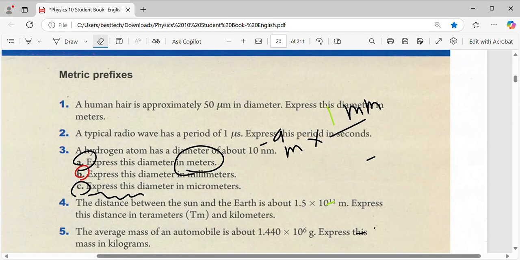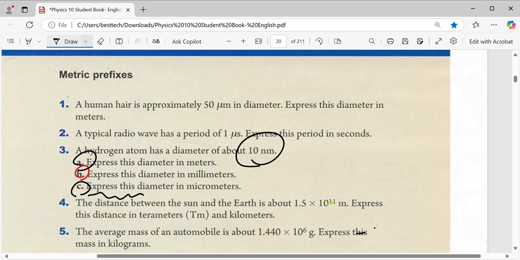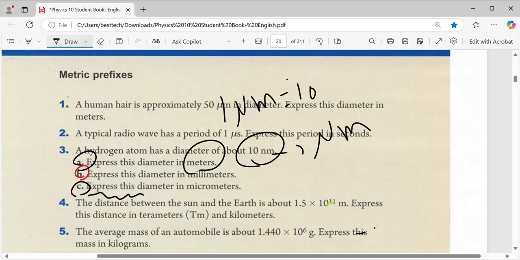Okay, guys. Part C. Convert now to micrometer, guys. Again, it's really hard to use 10 nanometer to make micro. There is no rule, so again we can get the benefit from part A's question because we have meters, and we have the relation between meter and micrometer, because 1 micrometer equals 10 power negative 6 meter.